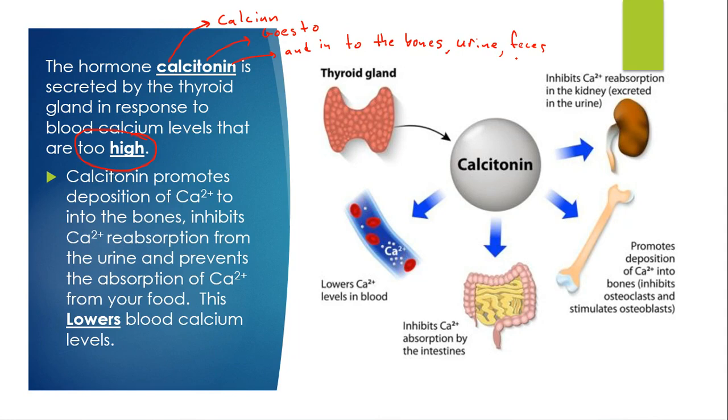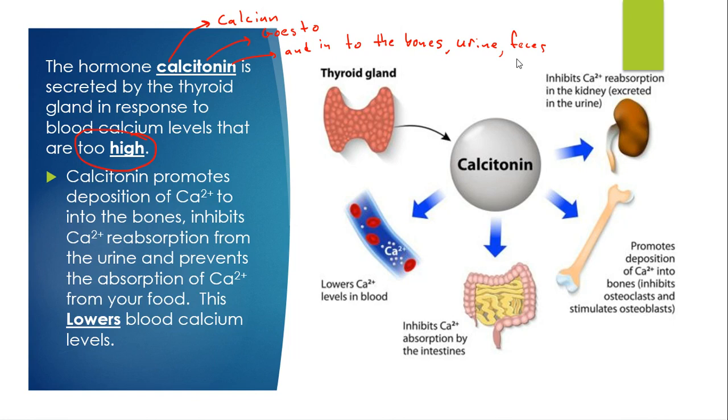Okay? So if calcium is going to and in to the bones, where's it going from? Your blood. And if it's leaving your blood, what's going to happen to the blood calcium levels? It's going to go down. It's going to drop. So calcitonin, calcium goes to and in bones, feces, urine. Okay? So calcium levels in your blood are going to drop.